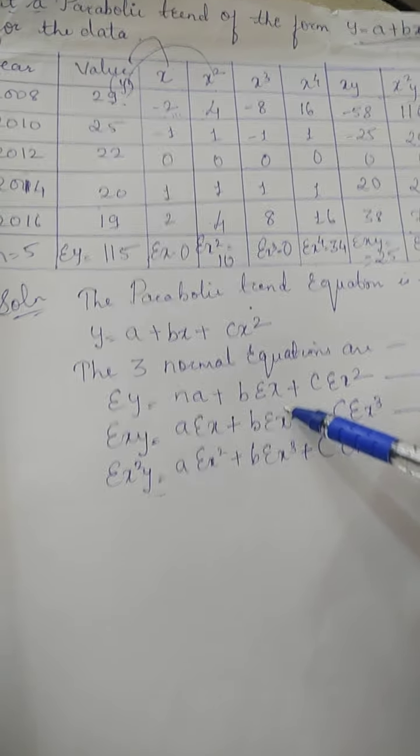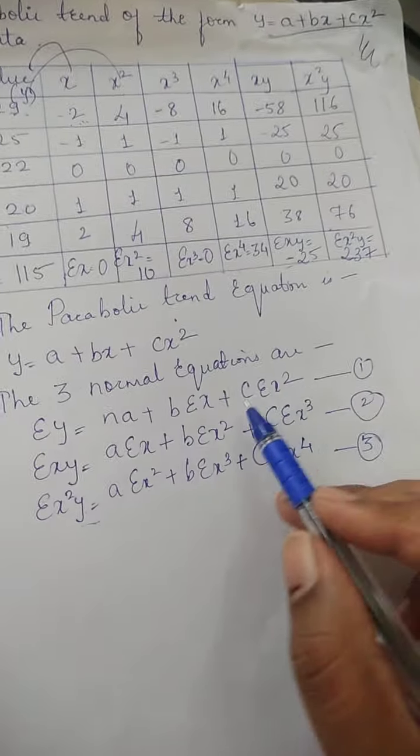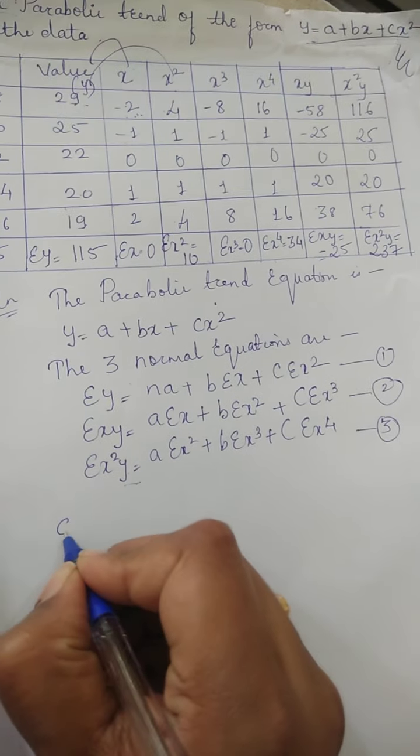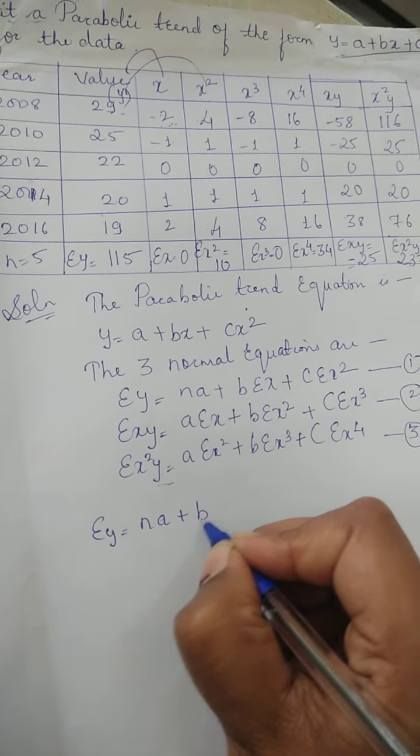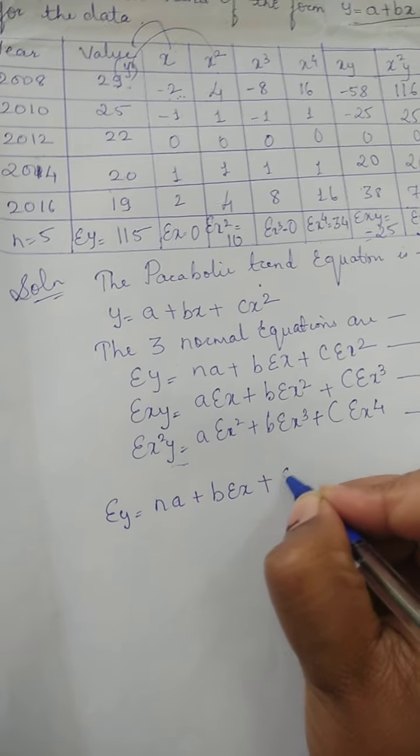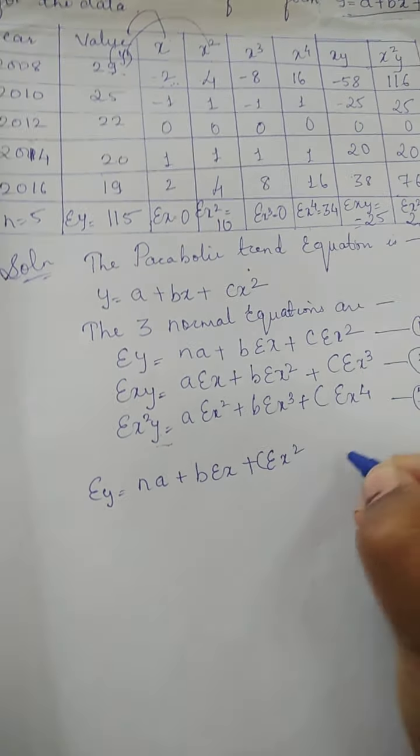Now one by one, I'll take normal equation 1. What is normal equation 1? Summation y is equal to na plus b summation x plus c summation x square. Then put the values.